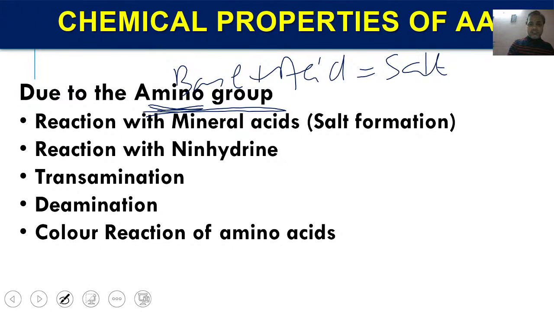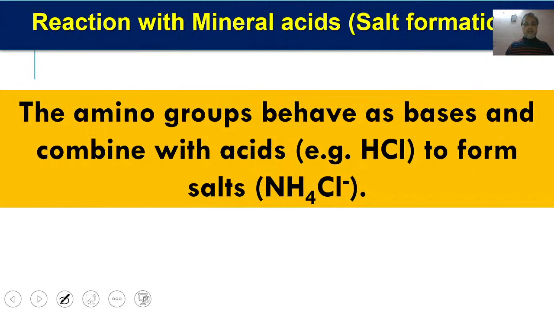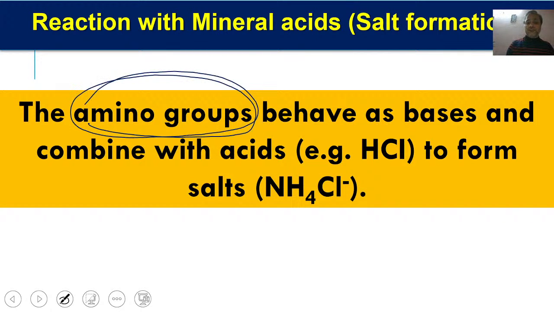It reacts with any of the mineral acids like HCl, HNO3, H2SO4 or any other acids, and ultimately gives you salt formation, because of the basic, alkaline nature of the amino group. Any base reacts with any acid and gives you a salt.